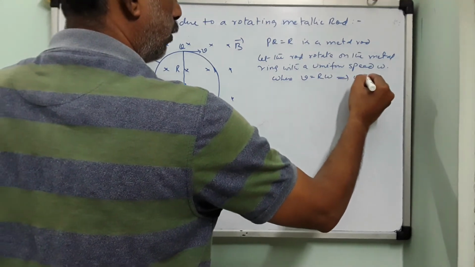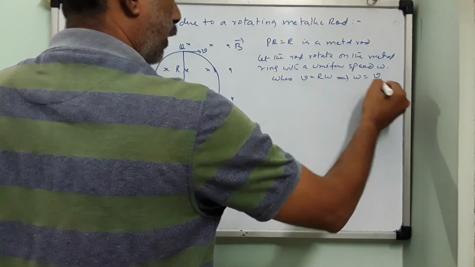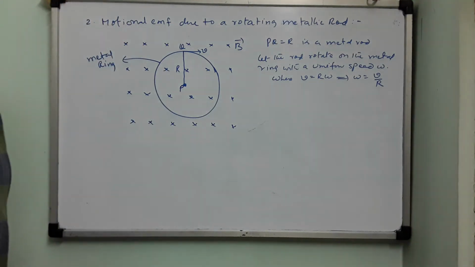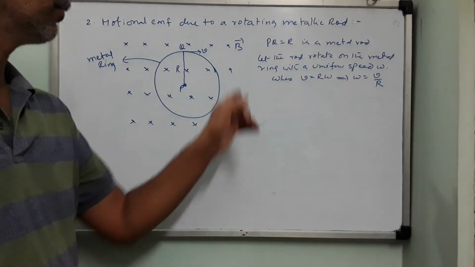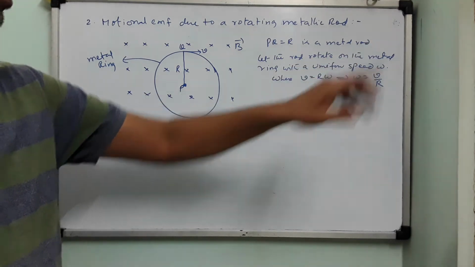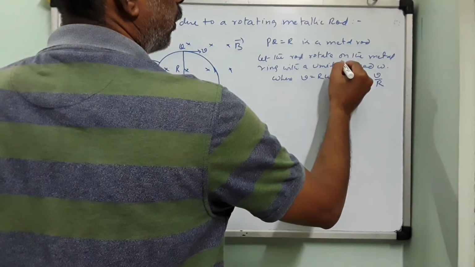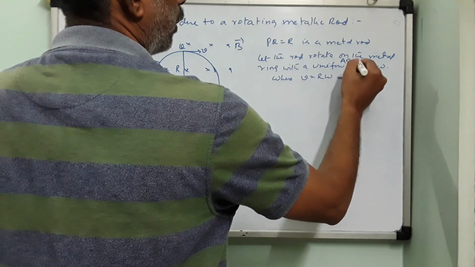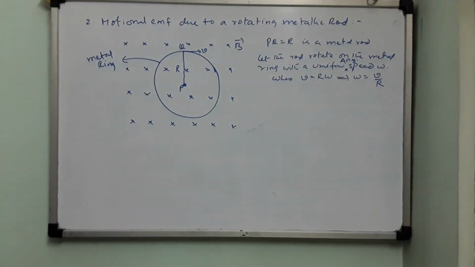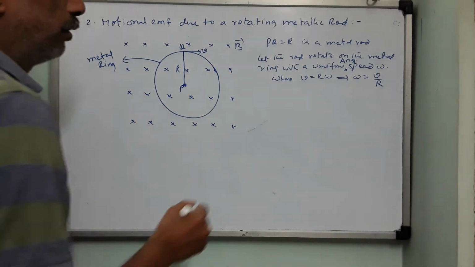This implies omega equals V by R. You can use this formula, children, only when the angular speed is constant, with uniform angular speed rather. So this is angular speed omega.